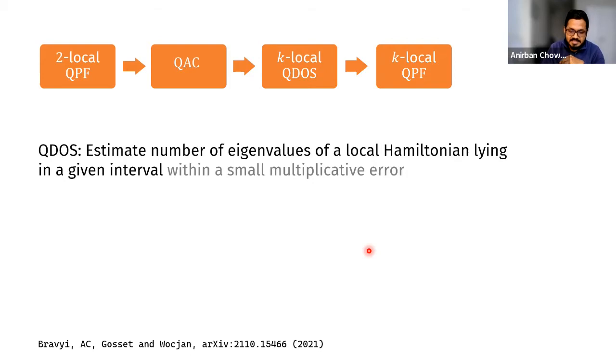You can believe me if I say that if you can split your energy interval into a small number of small intervals and enumerate the number of eigenvalues in each of them, you can patch them up to recover the partition function of the same Hamiltonian. This shows that if you can solve this QDOS problem, you can solve K-local QPF. And by doing so, we've also shown that if you can solve QAC, you can also solve two-local QPF.